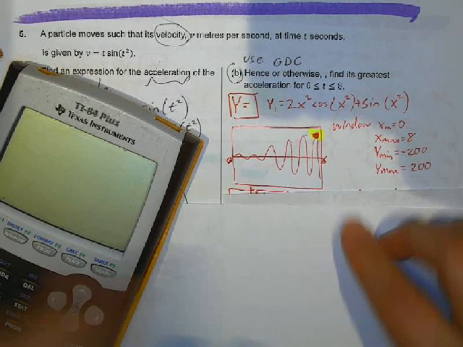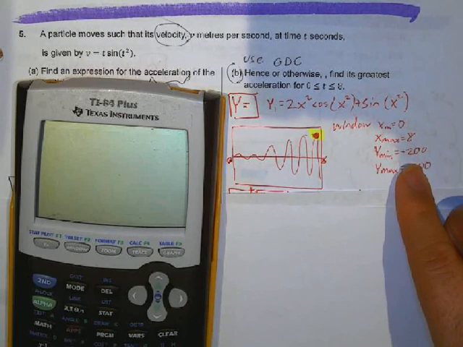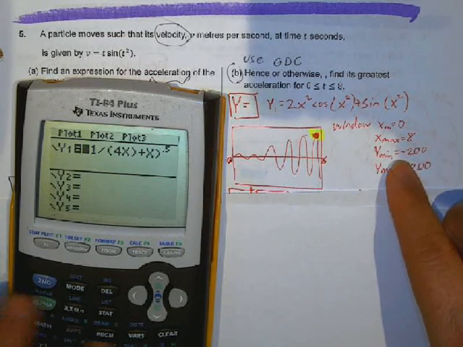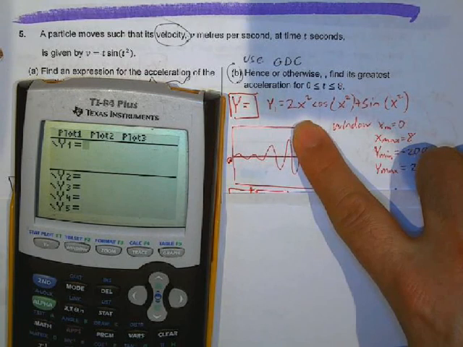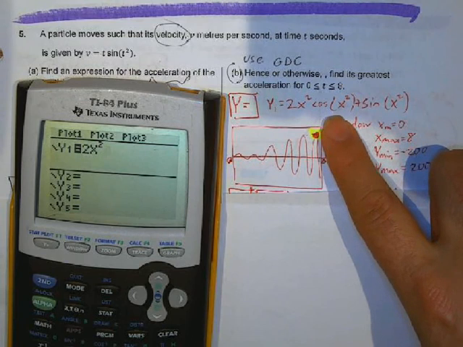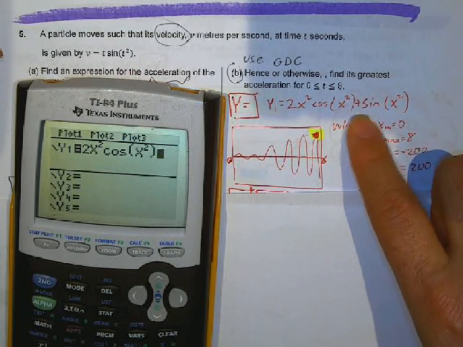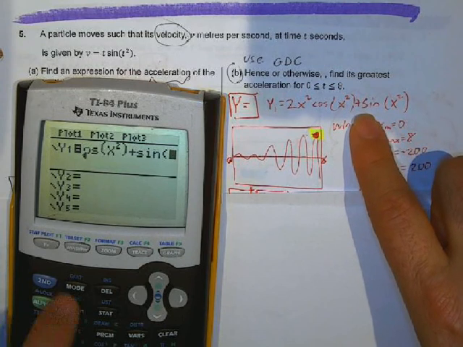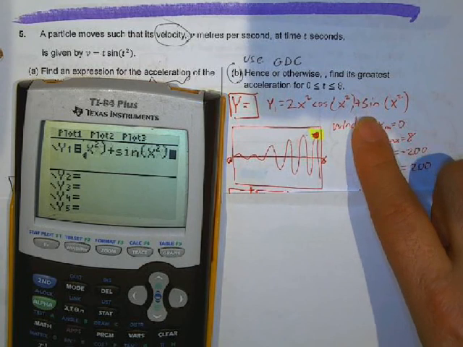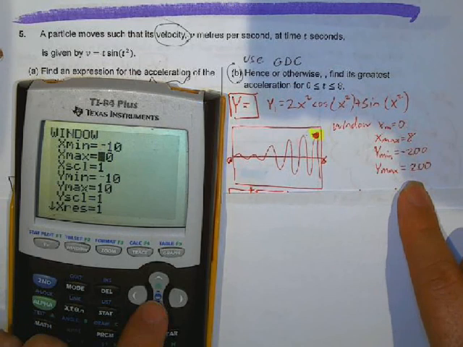and I typed in my equation, and I changed the window so that I could see it. I've already fooled around with the window, so let's just stick with what we've got.